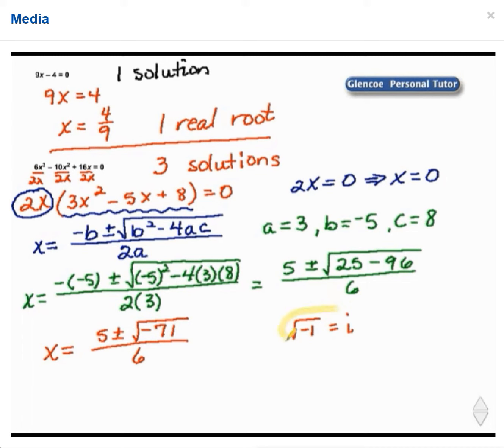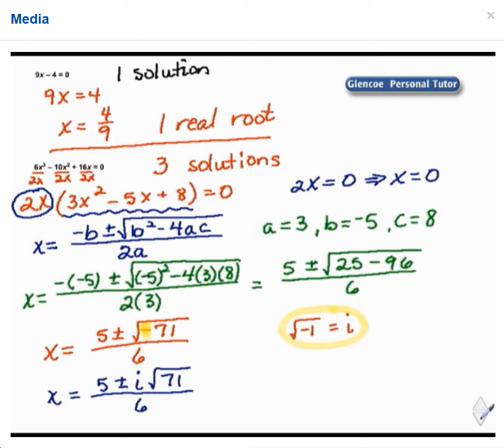So we're going to use that idea to simplify what we can here with this negative. We can't factor 71 down any further. So in simplifying, we have 5 plus and minus i radical 71, over 6.